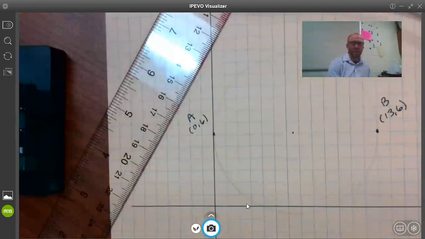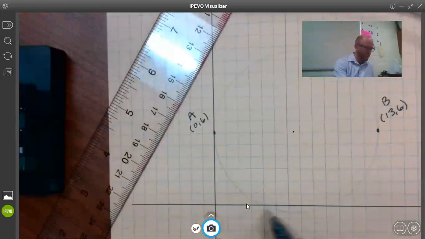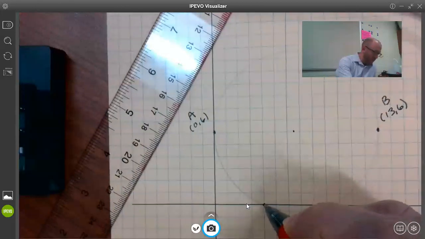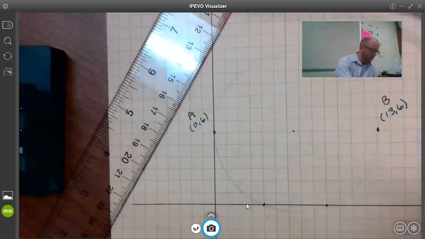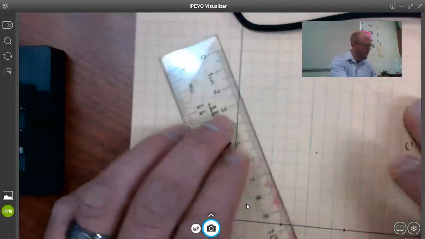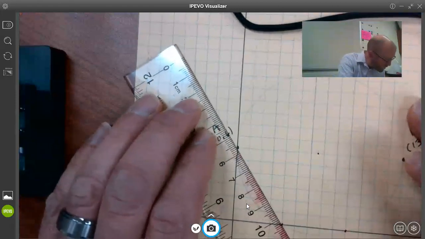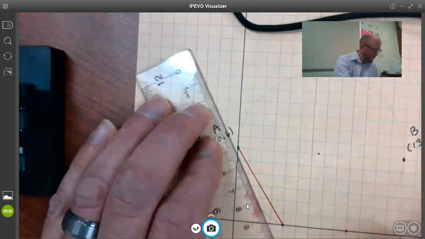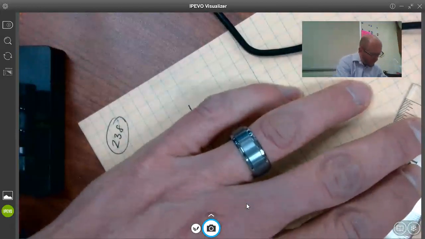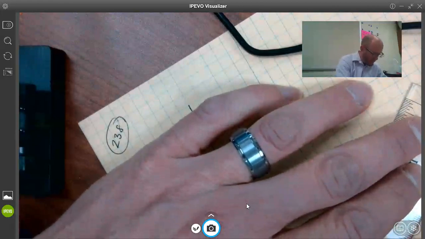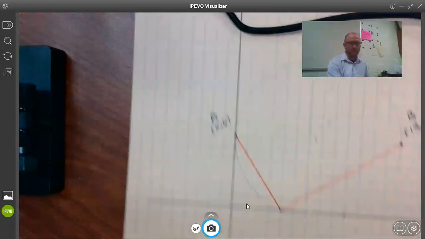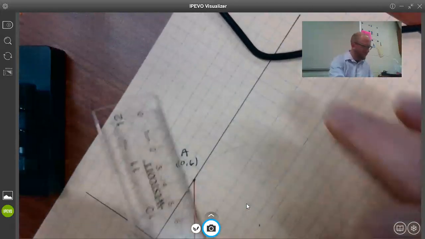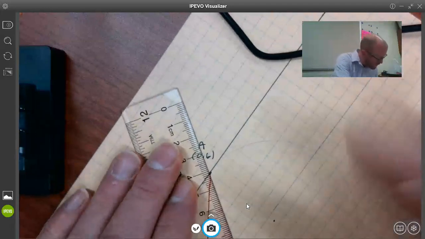So I kind of drew that circle in, and you can see down here that the circle does cross through the x-axis at 2 places here. And let's kind of connect those. And over here, so there's one right angle. And let's draw the other one in.